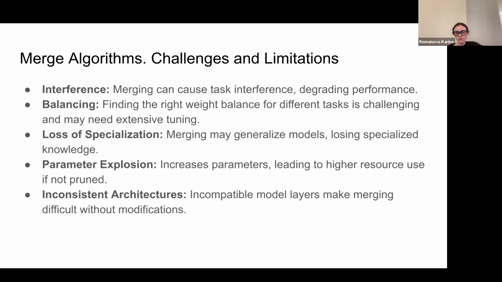Also, merging models trained on sensitive or proprietary data can raise privacy issues, especially if the merged model exposes information from the original datasets.